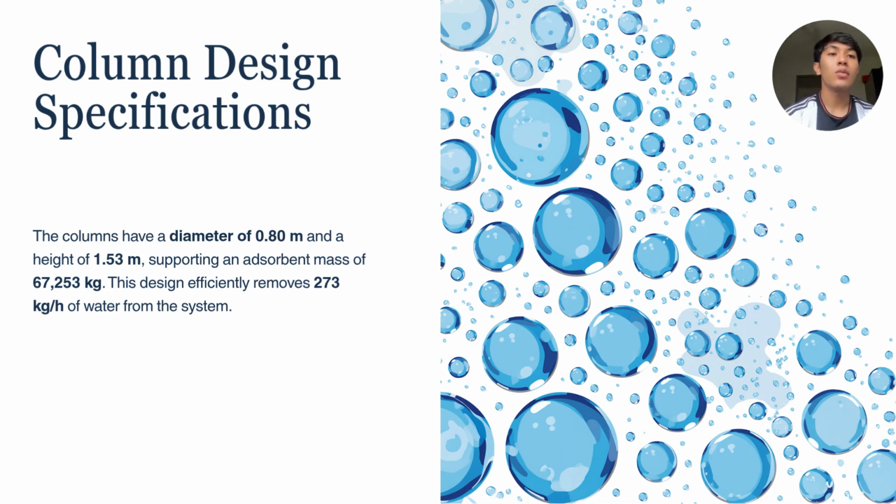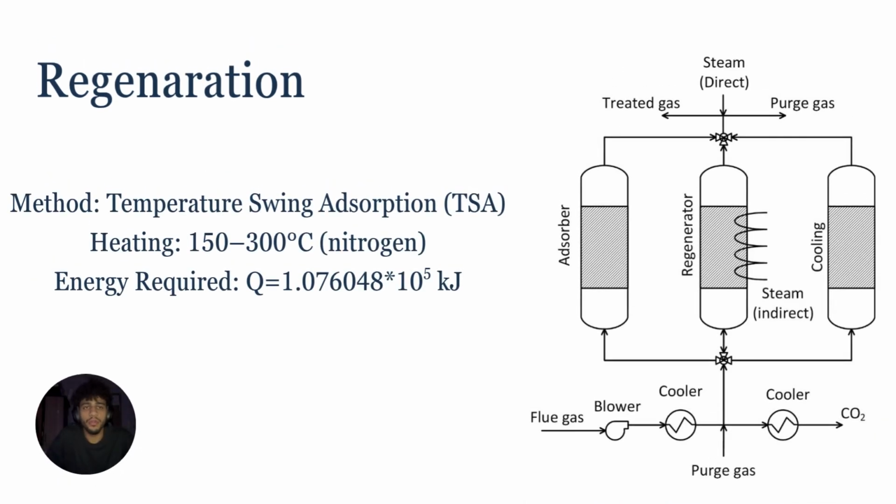This data we got from the research that we had done, and we obtained that 0.2 kilogram water per kilogram adsorbent. So we do the calculation and we obtain that the mass needed is 1365 kilogram adsorbent.